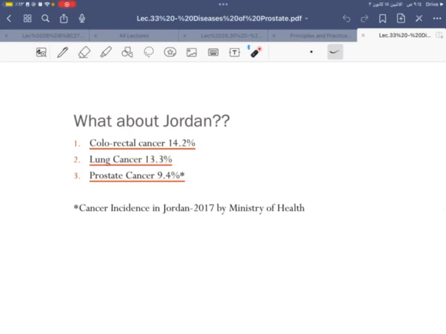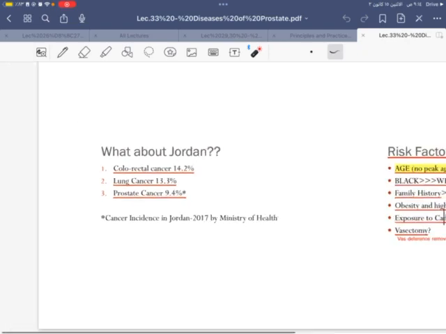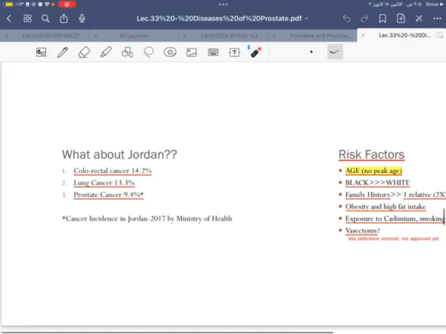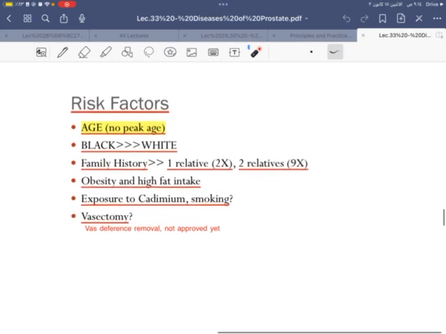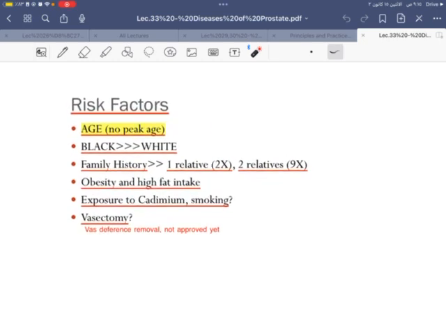Risk factors for prostate cancer: there is no weak age, aging is the risk. Black men are affected more than white. Family history, obesity, high fat intake, exposure to caffeine, and smoking, as you know, is a risk factor for all cancers. Vasectomy is a controversial issue.